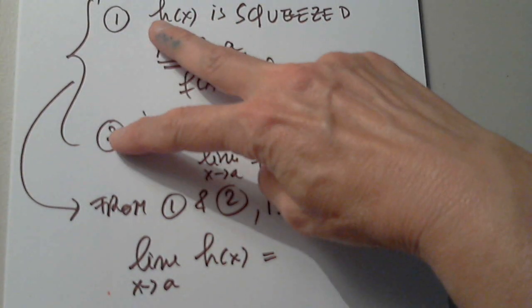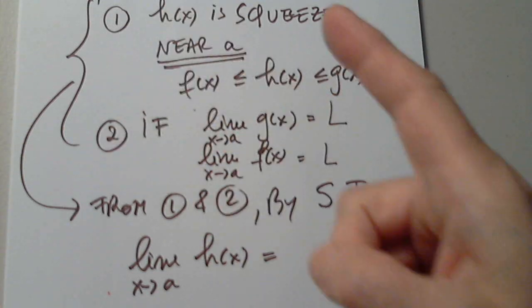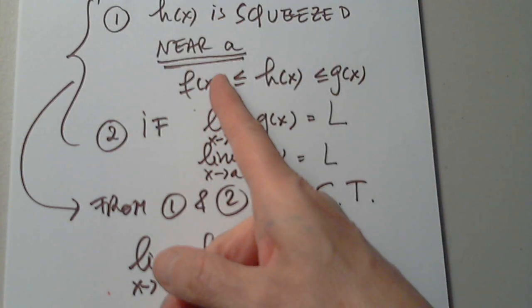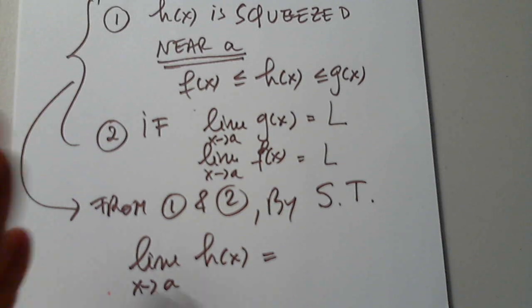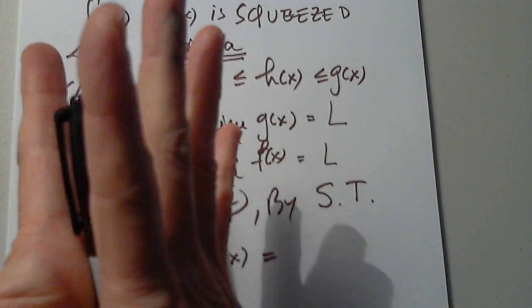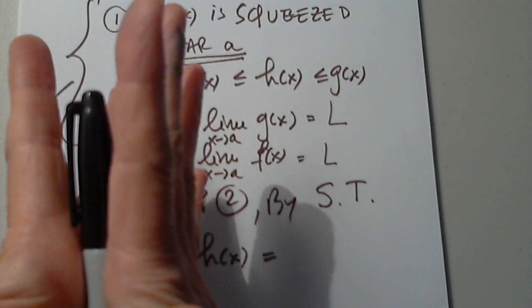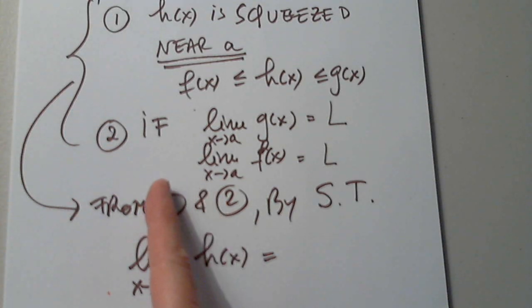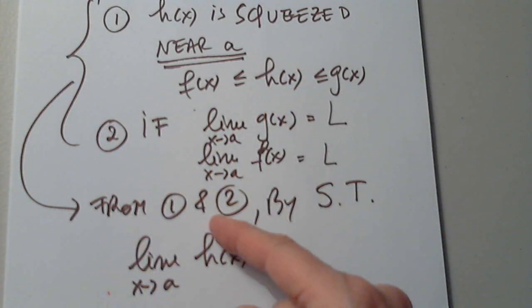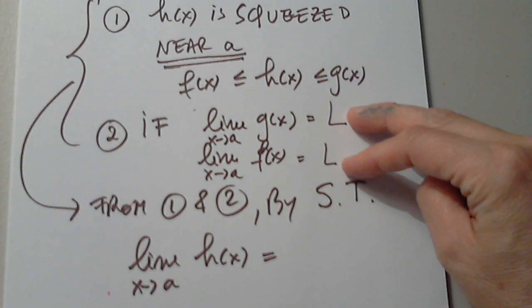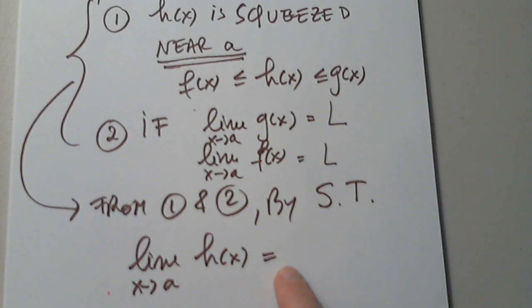If I show that h of x is squeezed near a, sandwiched between f and g, and that the limits from both bottom and top exist and are the same number, what do we conclude? By the squeeze theorem, the limit is also L.